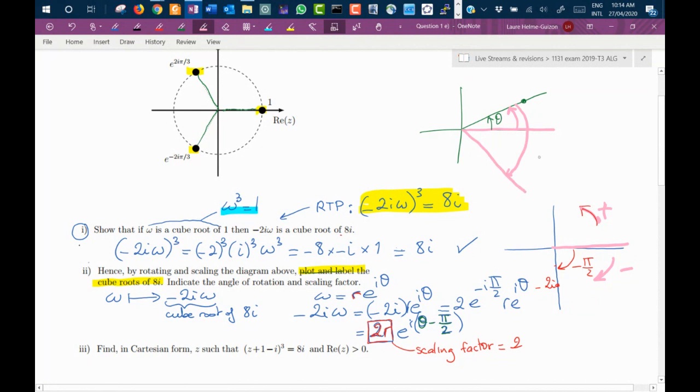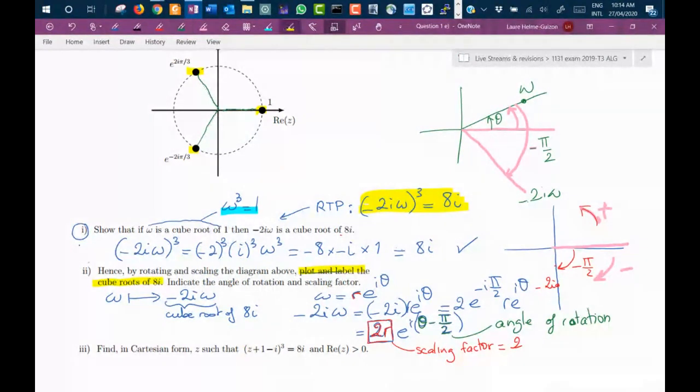What's my angle of rotation? So that would be my omega, and my minus 2i omega would be somewhere on this line. What rotation did I perform? You can imagine I take this, and to bring it to the new position, I need to rotate.